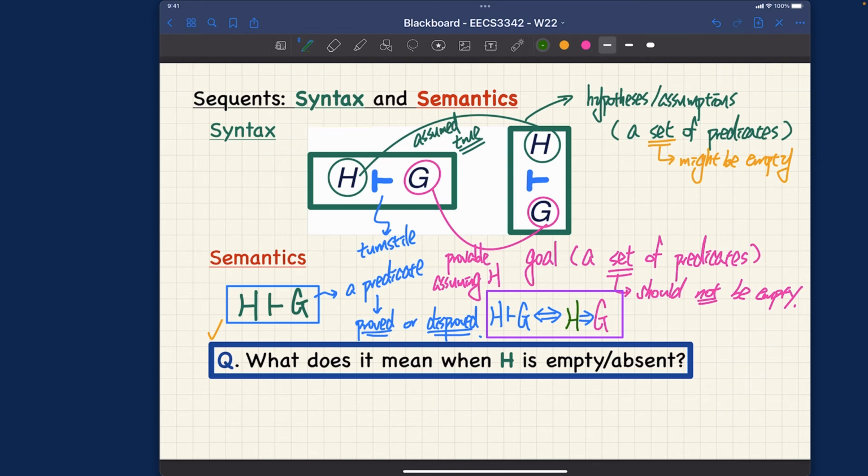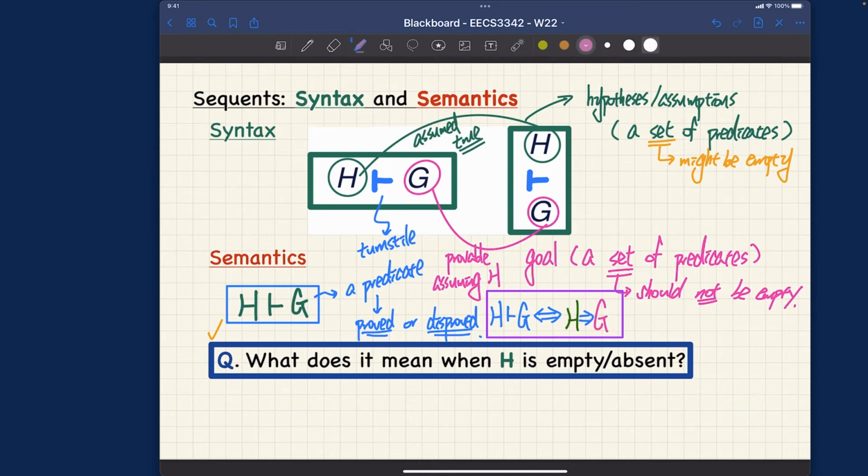You can see here, I'm just trying to use a different color to say H really corresponds to a hypothesis over here, and G really corresponds to the goal over here, right? So whenever we've got a turnstile, it's a predicate. The predicate is proved if and only if you are able to prove G, assuming that H is actually true. That's exactly what implication is about.